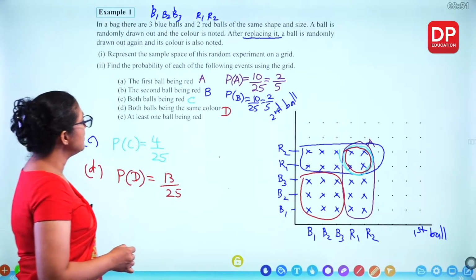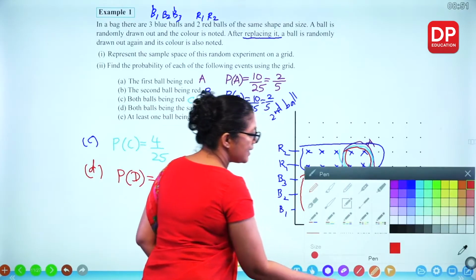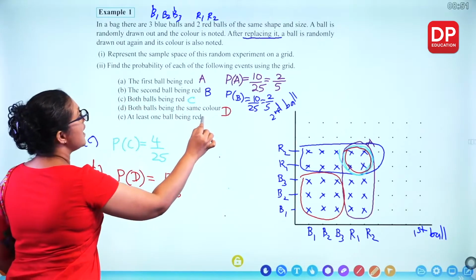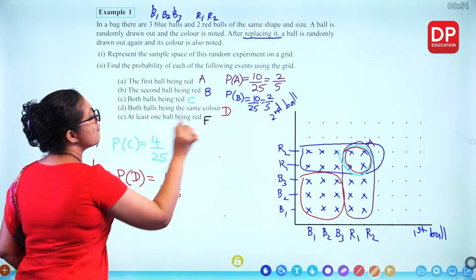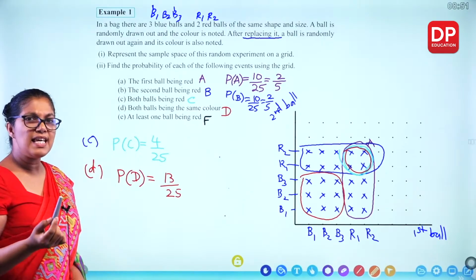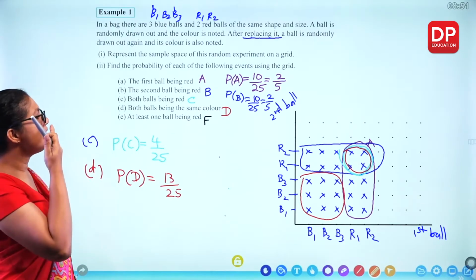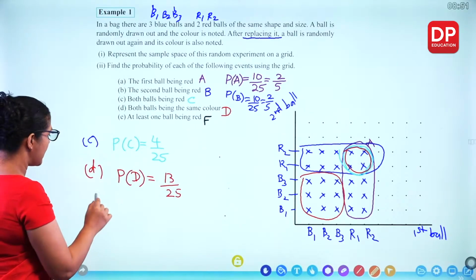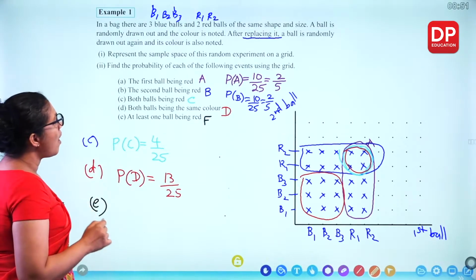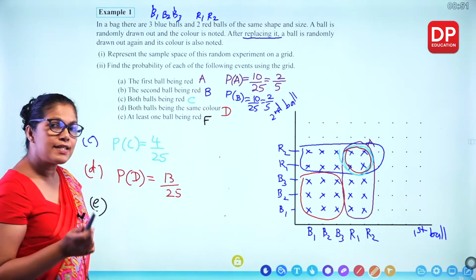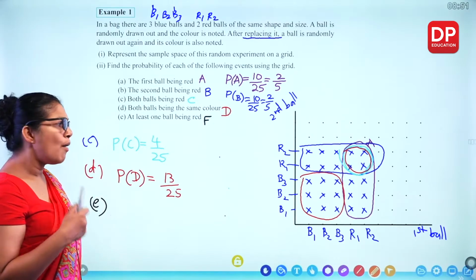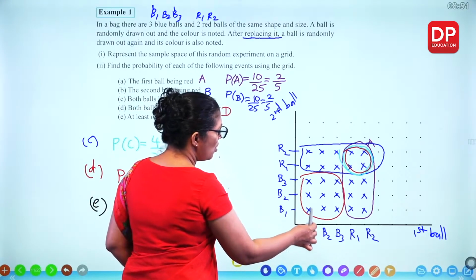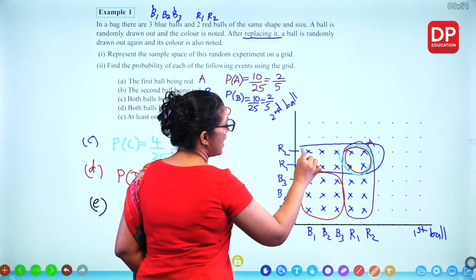And the last one, I'll take black and I'll label this as F. We are not taking E because the universal set we normally take as E. At least one ball being red. At least means either one ball or both balls can be red. So here if you take blue, this one you can get.